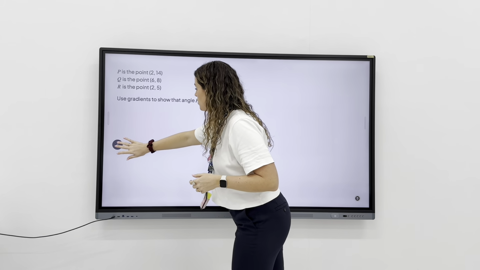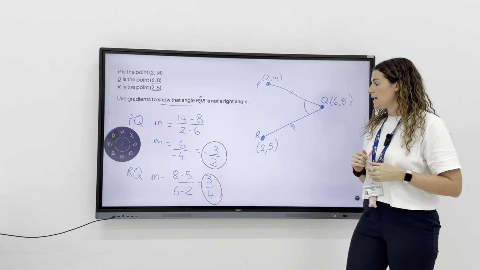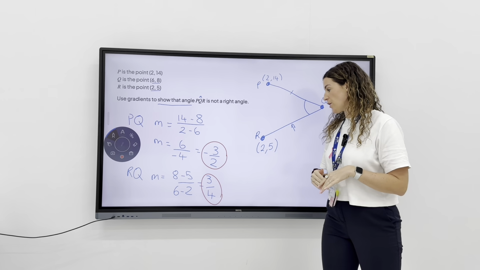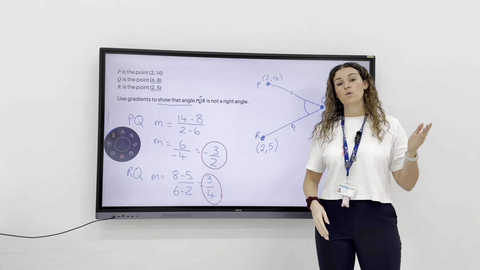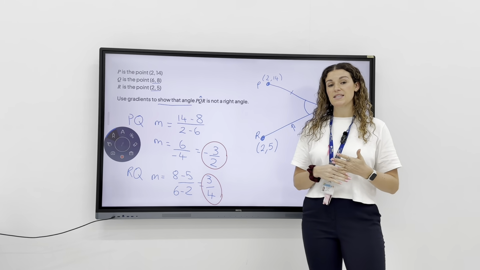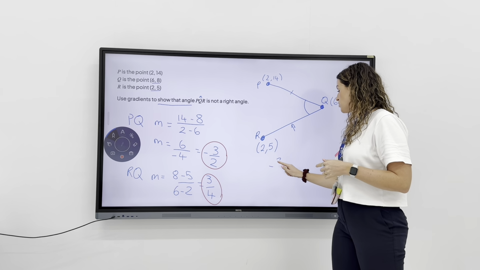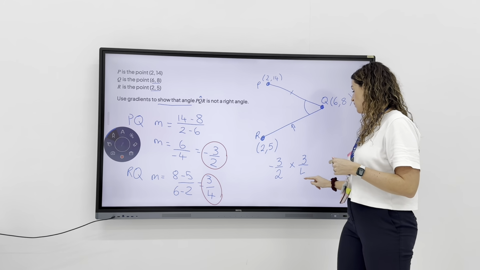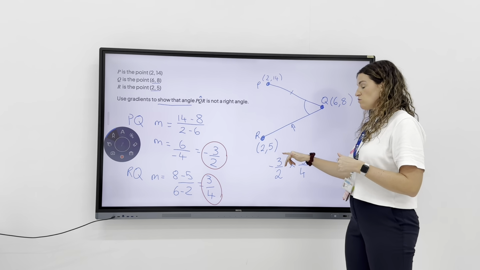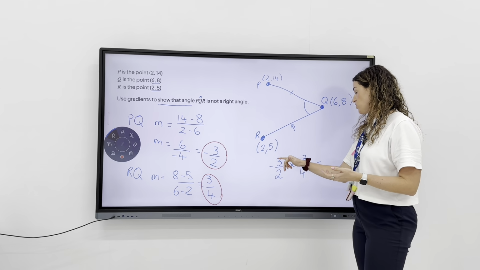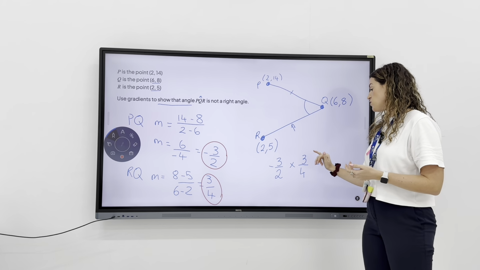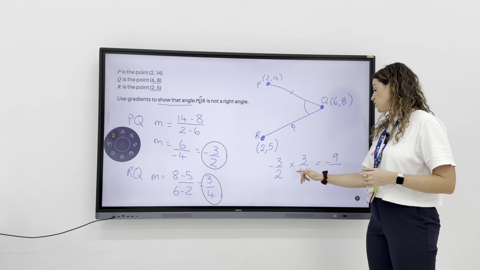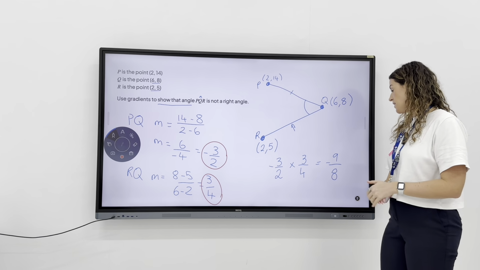So what do I need to do next? I need to show that when I multiply these two gradients, it is not equal to negative 1, because perpendicular gradients, when you multiply them together, will always give negative 1. So minus 3 over 2 multiplied by 3 over 4: when you multiply fractions, you just multiply across. Minus 3 times positive 3 is negative 9, and 2 times 4 is 8.